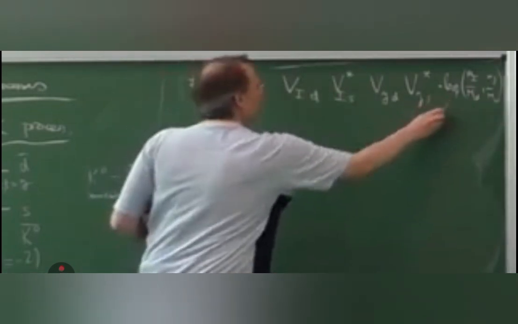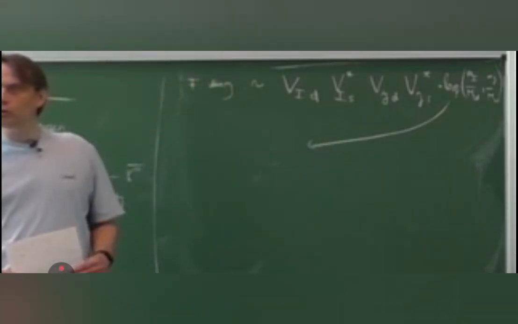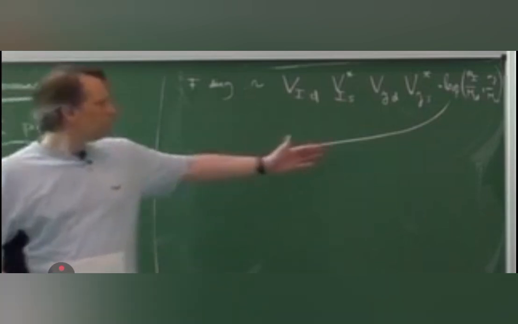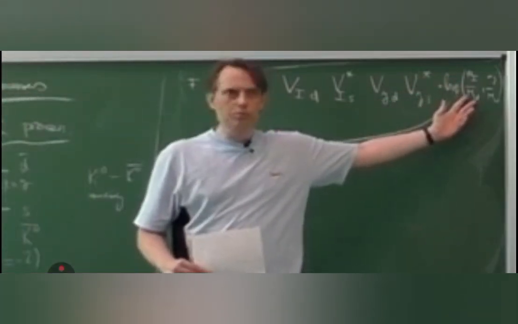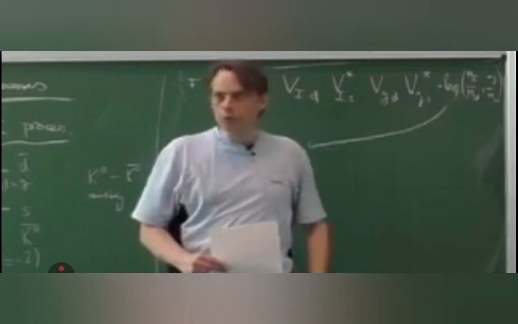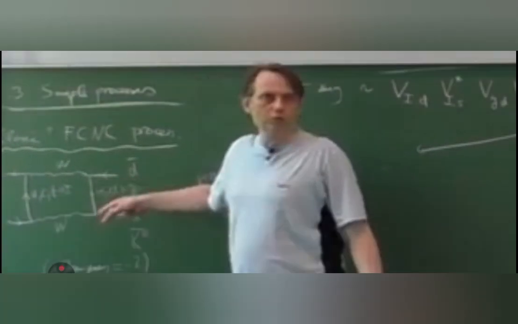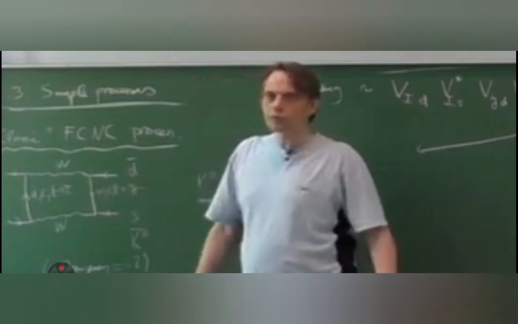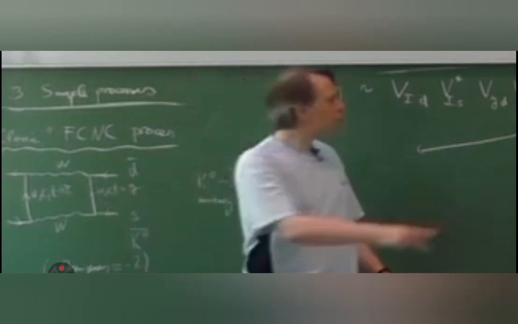Now, without doing the calculation, how would such a loop function typically look like? We can do a Taylor expansion in the small mass ratios, because the W mass is much bigger than the masses of the quarks, except for the top quark, but since the top quark is so heavy, its contribution anyway is strongly suppressed. Therefore, the interesting cases are the light quarks, and then the mass ratio here is very small.